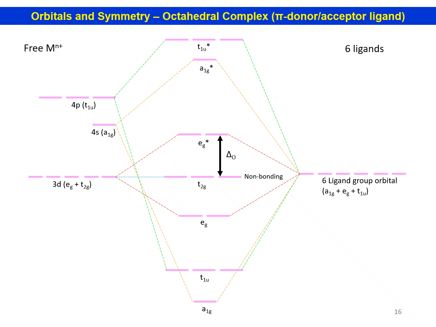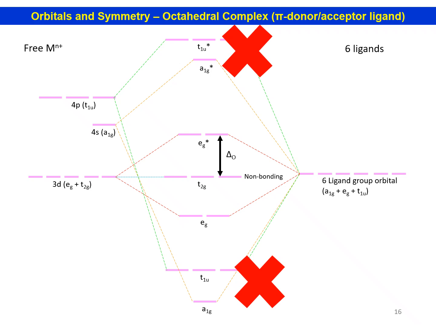In the molecular orbital diagram for octahedral complexes consisting of pi donor or pi acceptor ligands, the a1g and t1u energy levels are still there.